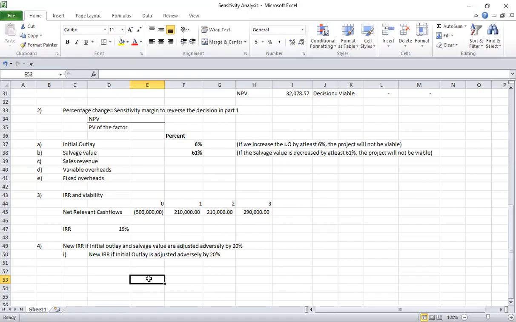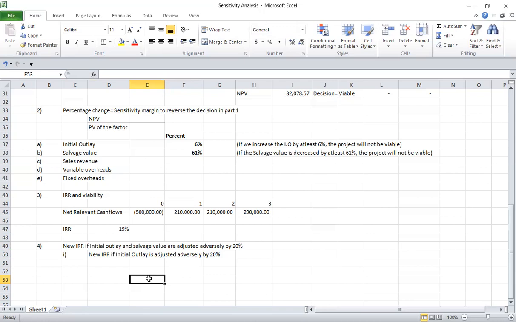Does it mean we increase or does it mean we decrease the initial outlay? I suppose this means we decrease the initial outlay.